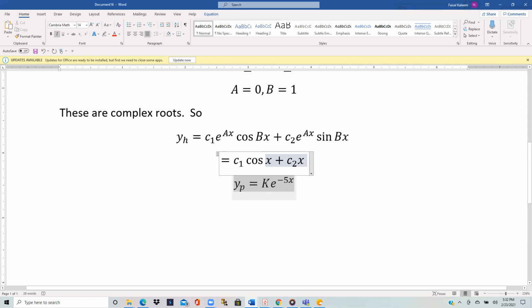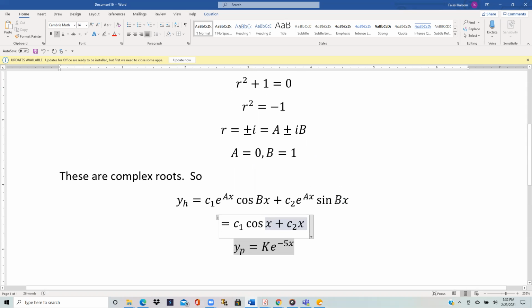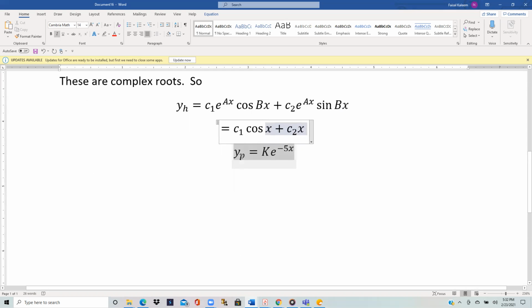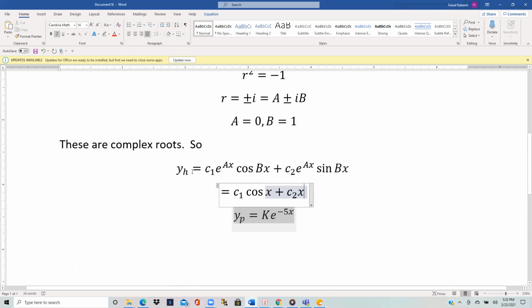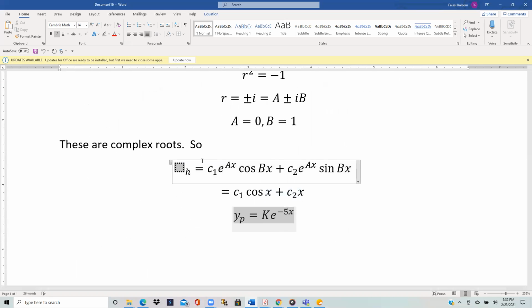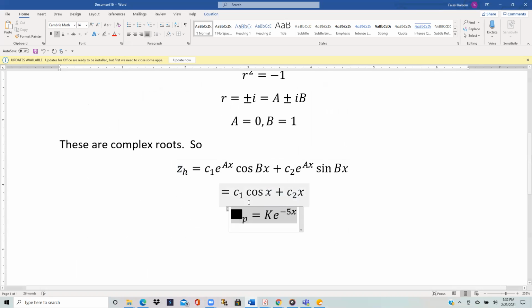It's already different. The next step is to substitute. In the original equation, we need two derivatives. Again, it's not y, it's z, so let's call it ZP.